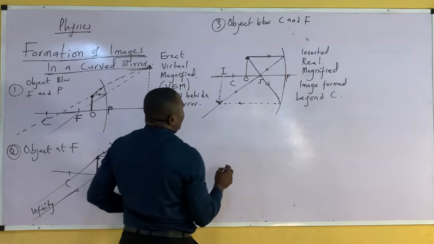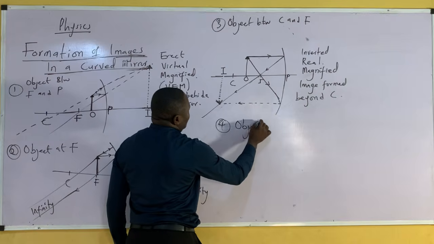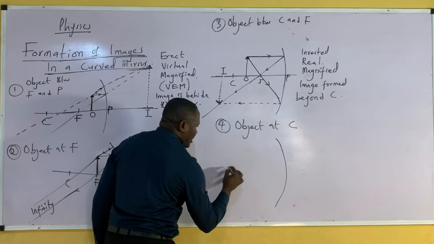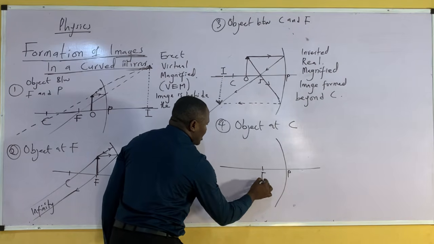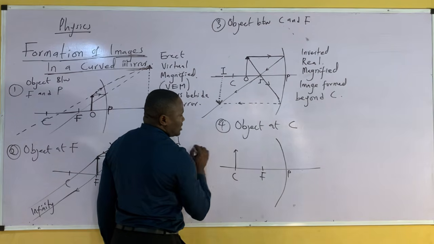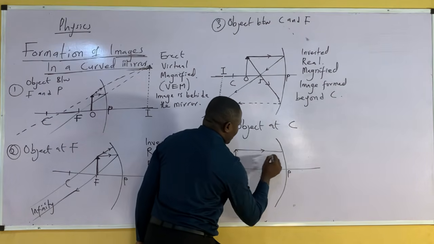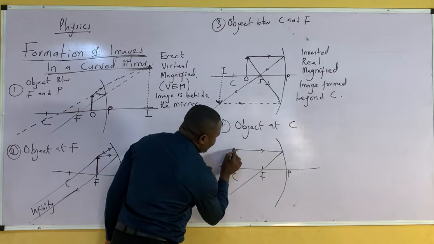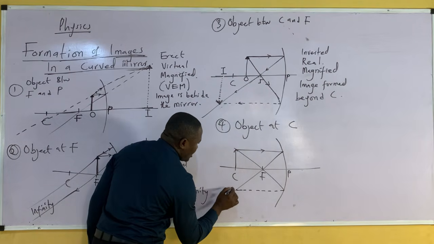What about number 4, object at C? So this time I have it like this. Now this is the pole, this is F, and this is C. Now I have the object at C. The ray goes straight through the principal focus, then hits the mirror and comes back and meets here.